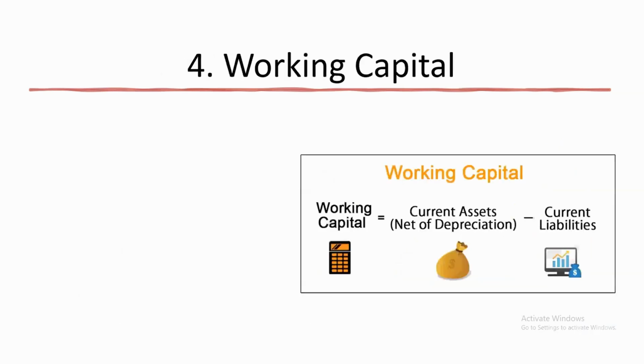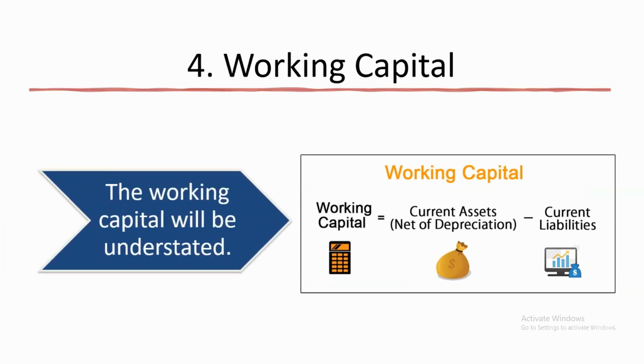Our next point would be working capital calculation. So how do we calculate the working capital? It is current assets minus current liabilities. Because accounts receivable was our current asset and it was understated because of this miss, it will similarly impact the working capital calculation, and our working capital will also be understated by 5 lakh rupees.